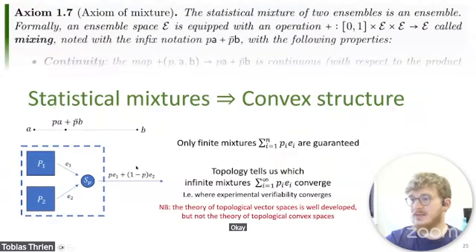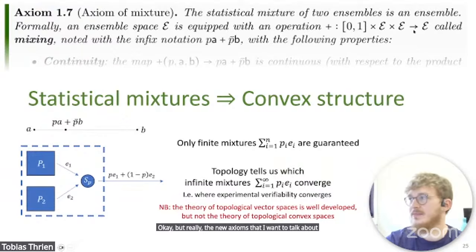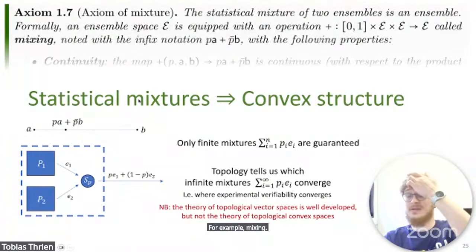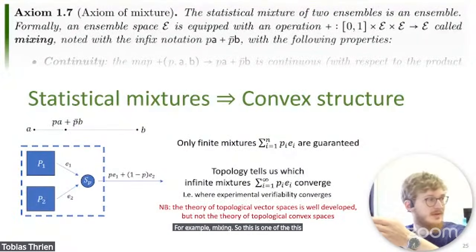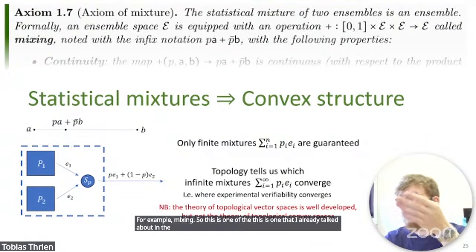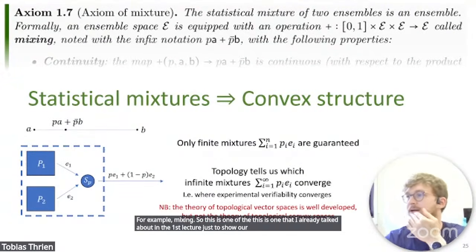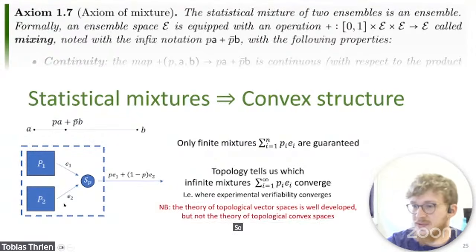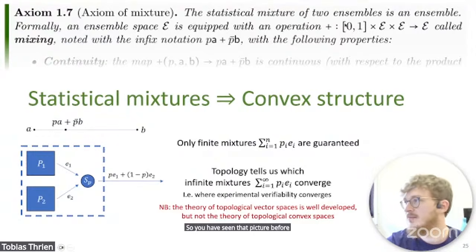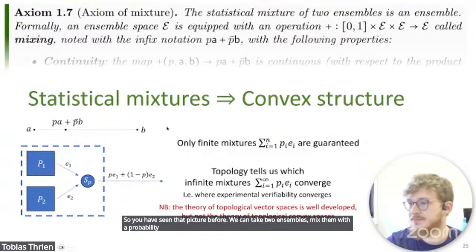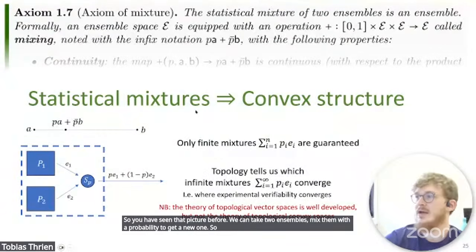Okay, but really, the new axioms that I want to talk about are, for example, mixing. This is one that I already talked about in the first lecture, just to show our level of rigor. So you have seen that picture before. We can take two ensembles and mix them with a probability to get a new one. So we get a convex structure.